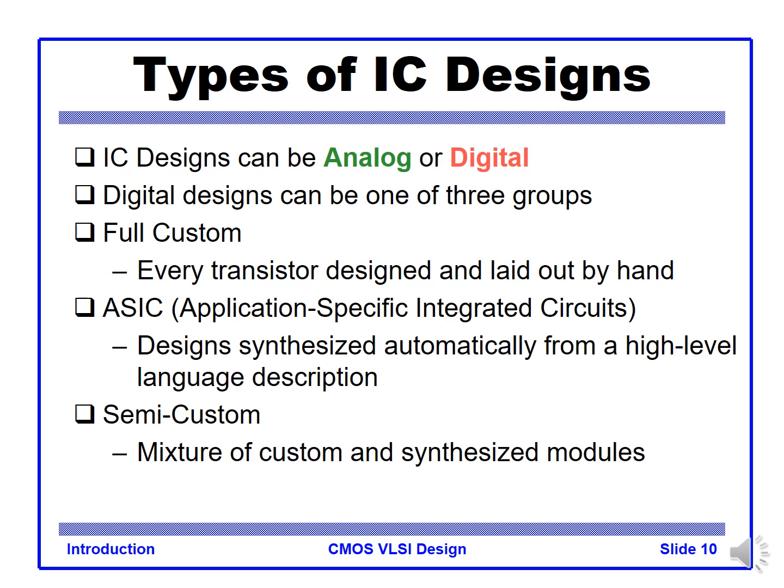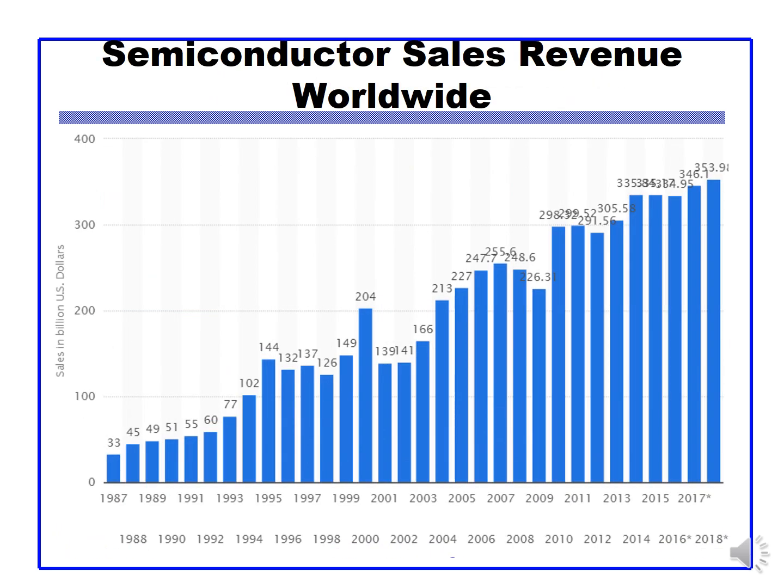The tool will synthesize whatever you write for the function. A semi-custom method is a mixture of custom and synthesized modules. So you have to learn and build your skills to design with both the full custom and ASIC methods, right? This is it.